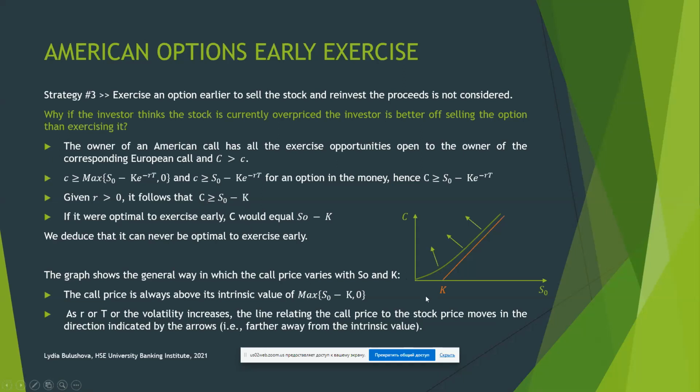And here we can see on the graph, this is an asset price, this is a call option price, this is the strike level, and this is what is given by an equality, the red line. So this graph shows the general way in which the call price varies with asset price. And here we can see the strike price. So the call price is always above the intrinsic value.